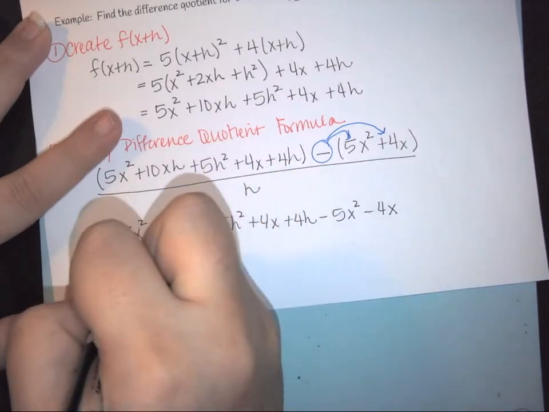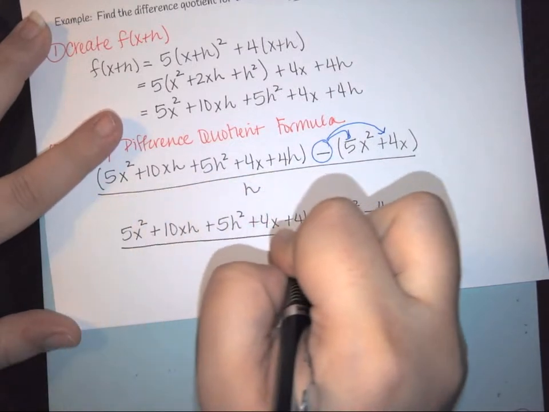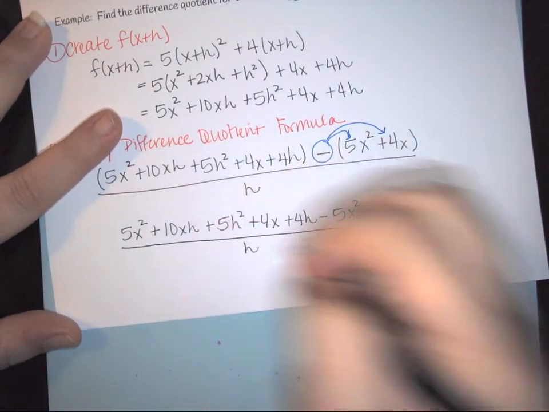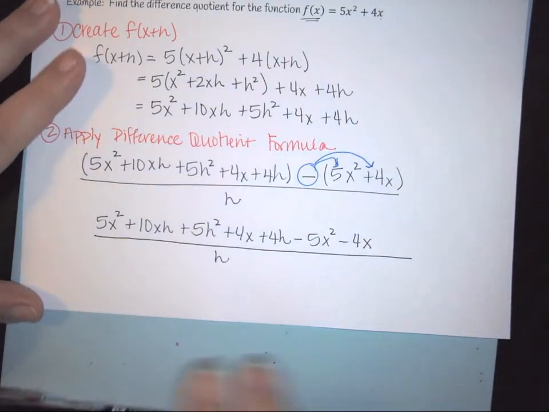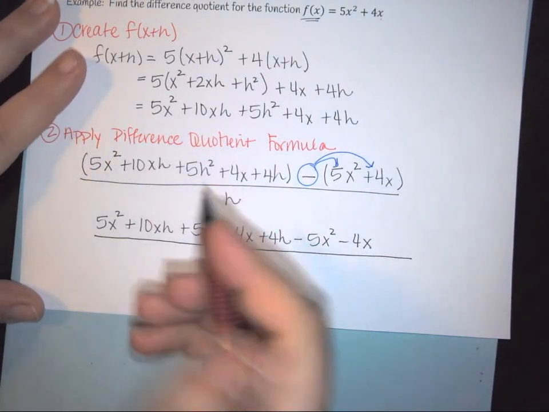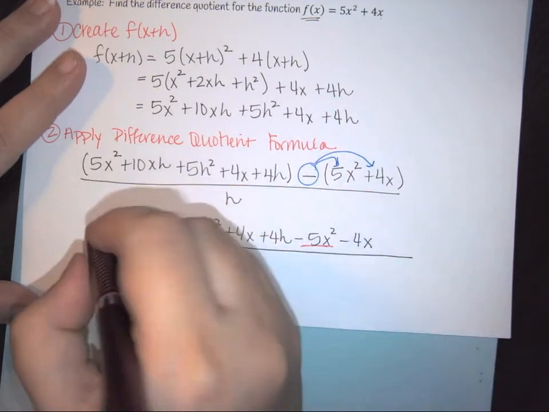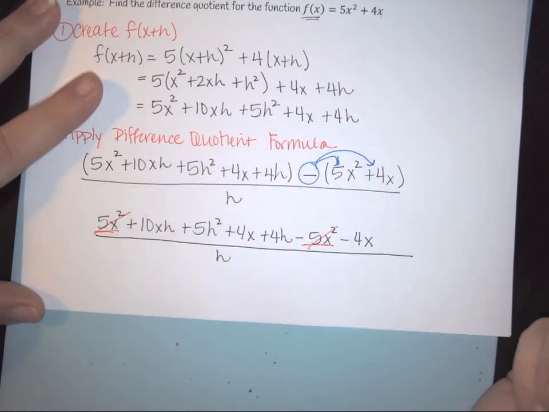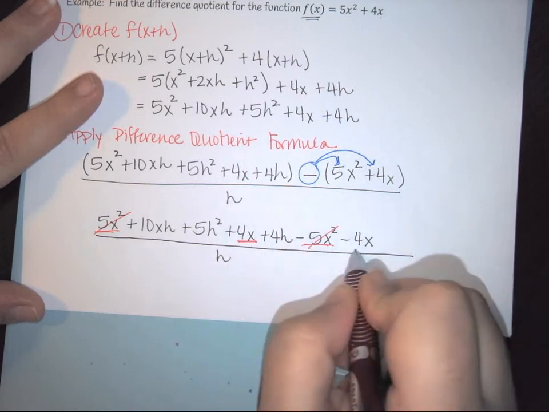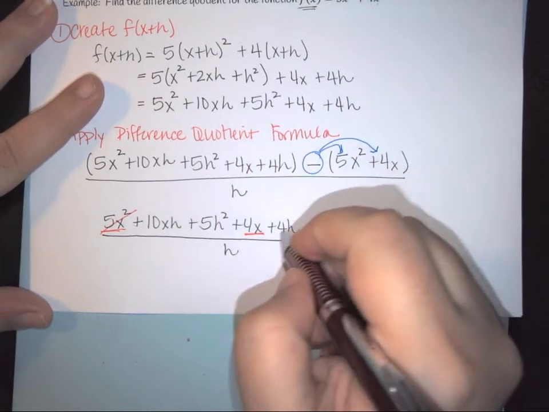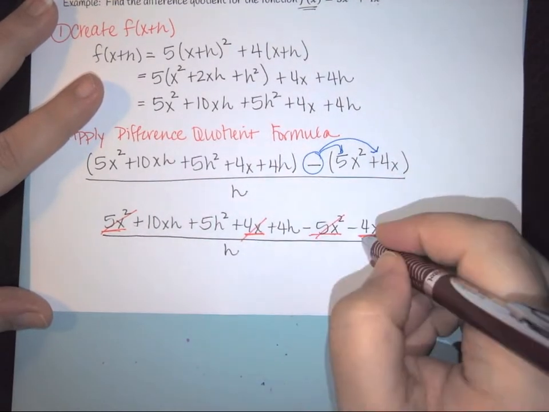And this whole thing here is all over h. Now again, just like before, I have some like terms, so I've got the 5x squared and a negative 5x squared, so these are going to cancel out. I then have a 4x and a negative 4x, so these are going to cancel out.